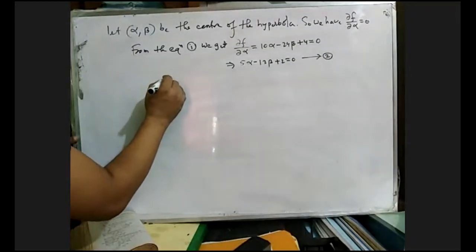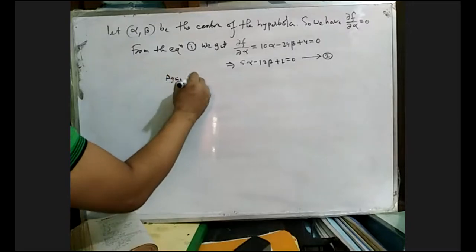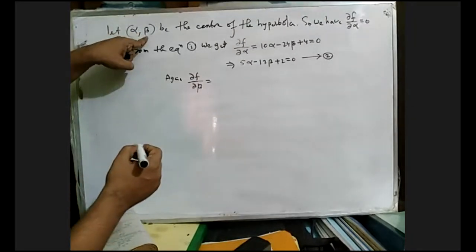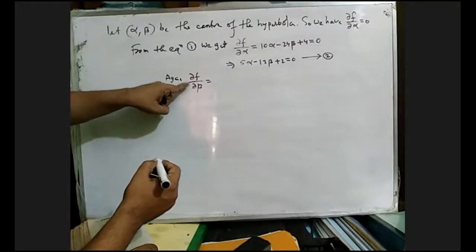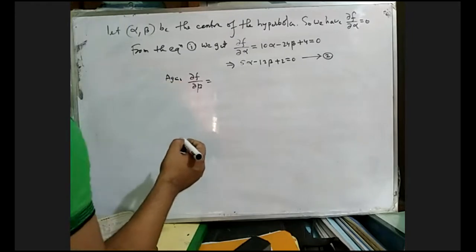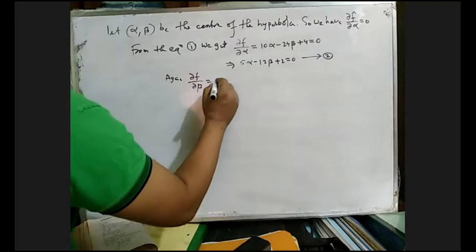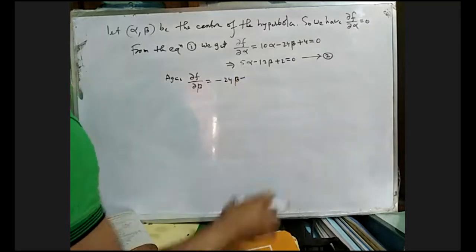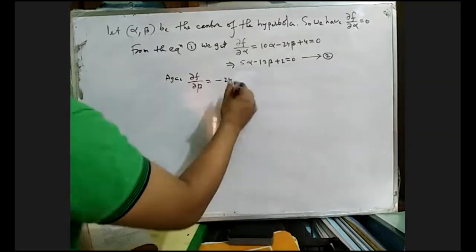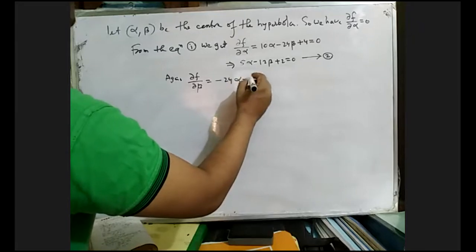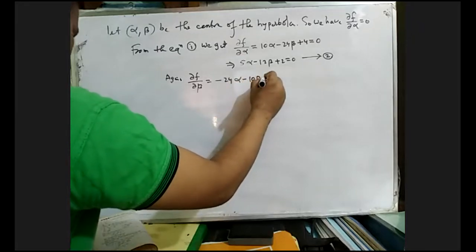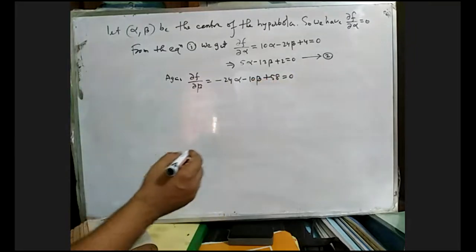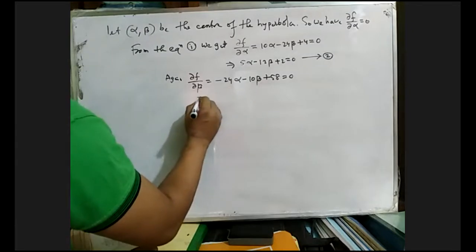Again, del f by del beta, what will be? Putting y equals beta in equation 1 and then taking partial differentiation with respect to beta, we get minus 24 alpha minus 10 beta plus 58 equals 0.